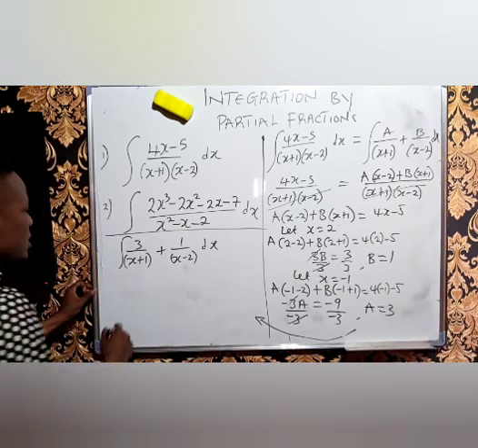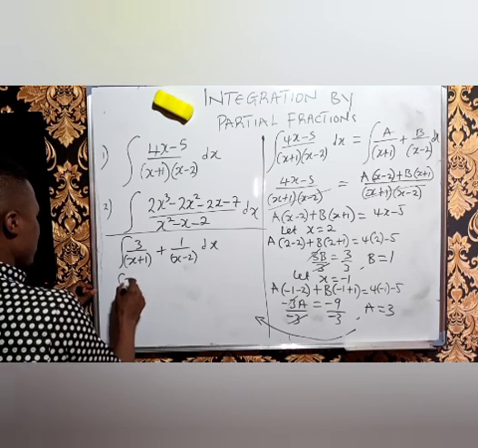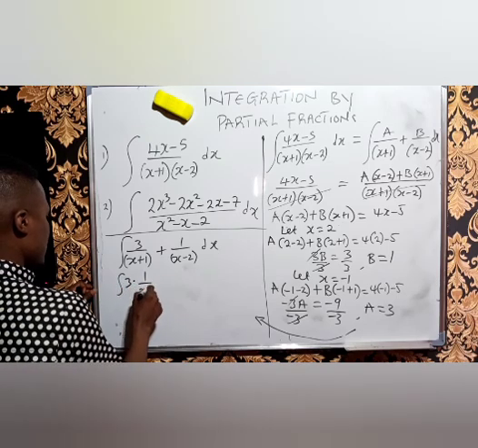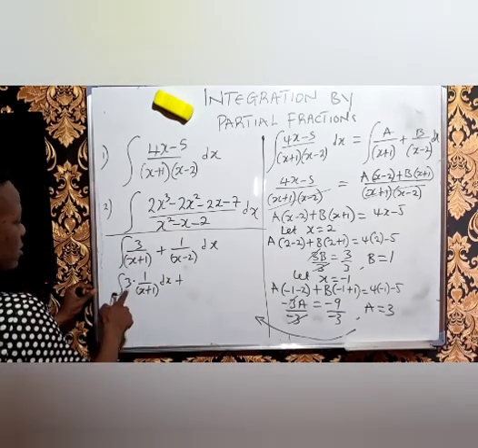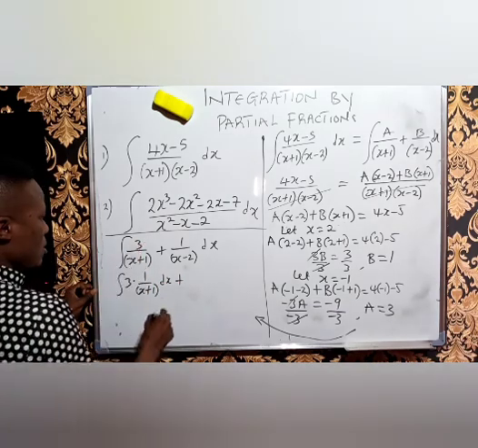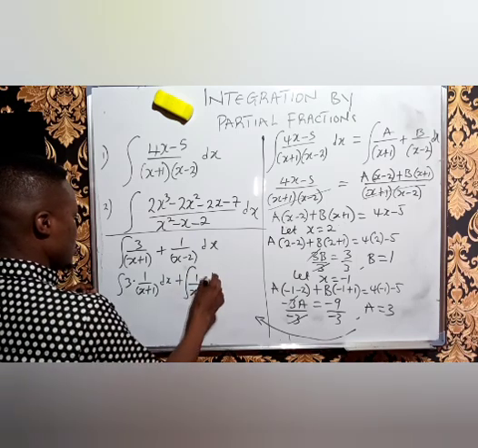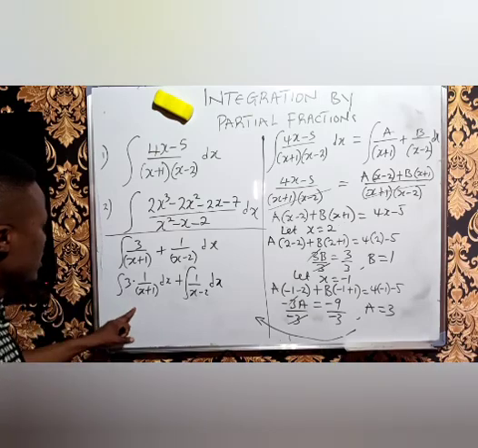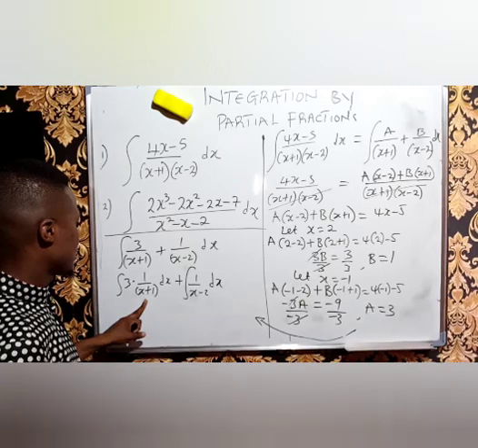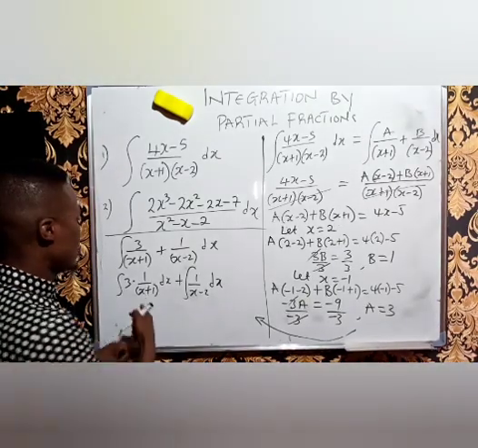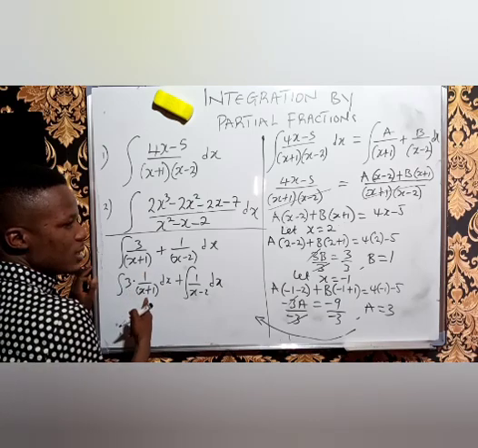So this can now be written as the integral of 3 times 1 over x plus 1 dx plus 1 over x minus 2 dx. Whenever you integrate a function like this, it turns to ln, the natural logarithm of it, provided it's 1 over a term like this.